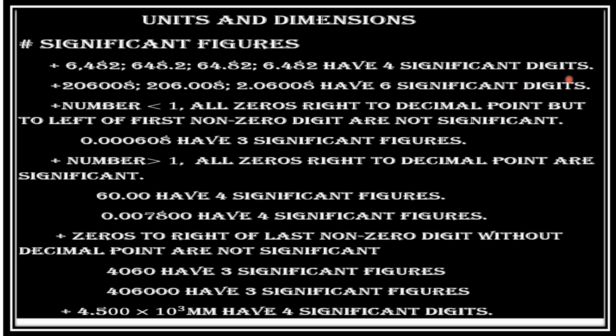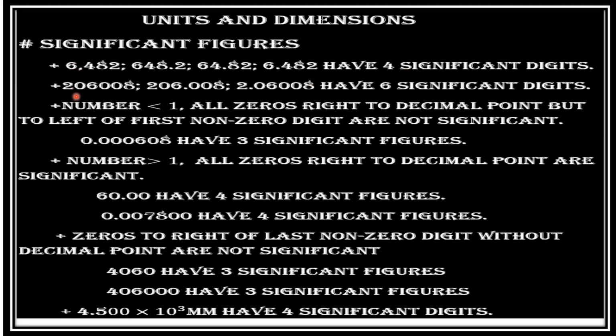This first point represents the rule: all the non-zero terms in a numerical are considered significant figures. We should simply count all of them, whether they have a decimal or not. These all four numbers have four significant digits.